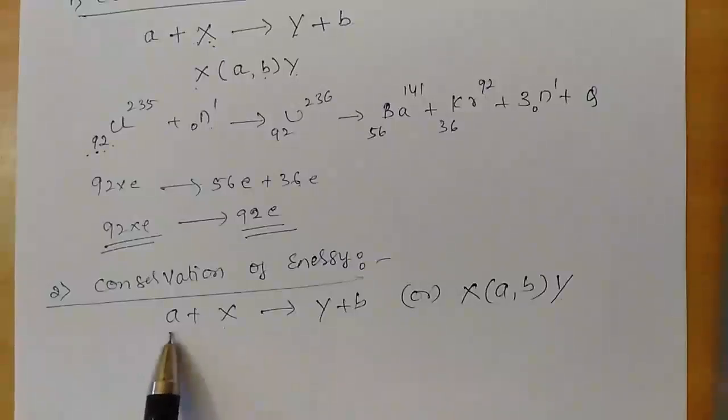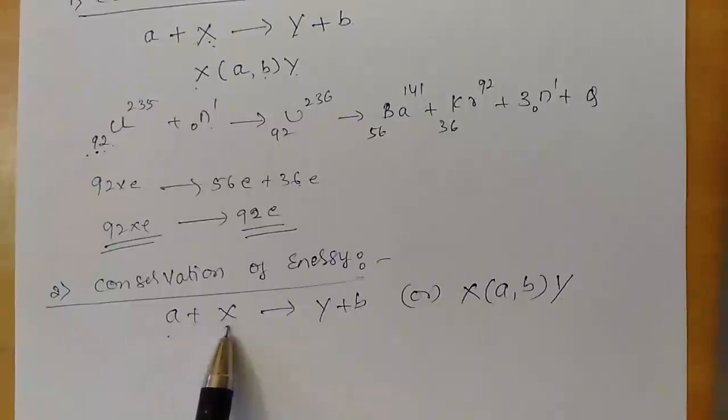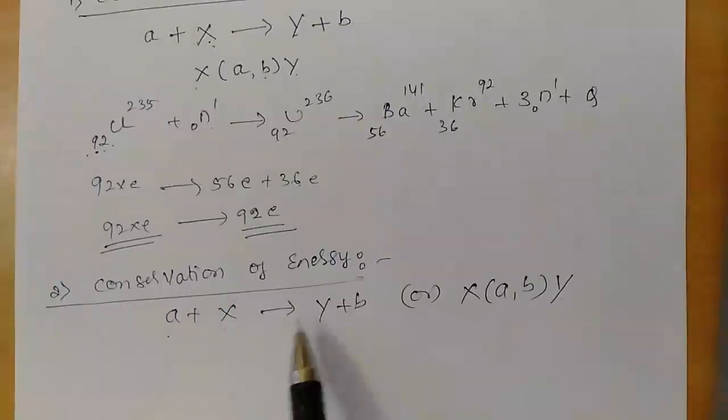So the total energy before the reaction is the rest mass energy of the projectile and the target nucleus plus the projectile's kinetic energy. Therefore the energy before the reaction must be equal to the energy of the products that are formed. This is what we call the law of conservation of energy in case of any nuclear reaction.